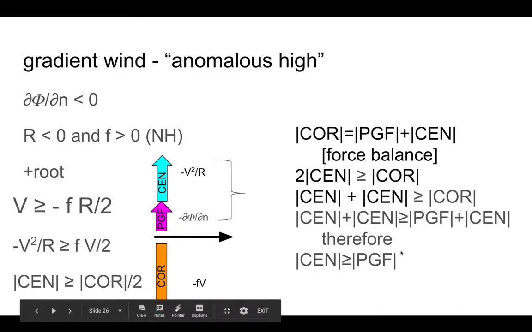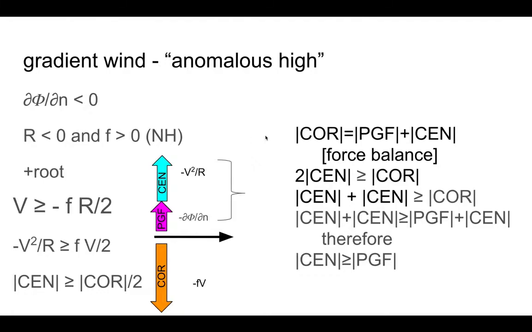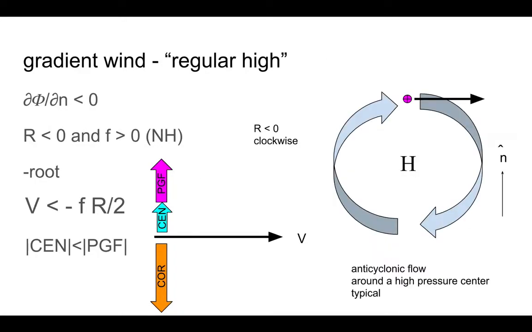And so that's saying that we have a relatively high wind speed and relatively low radius. And so the centrifugal acceleration on this left-hand side has to dominate. And that's unusual. That's not what we typically see.